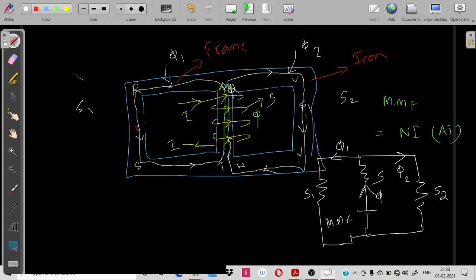Okay, this is the modeling or the representation of this entire magnetic circuit. Yes, this is another example for the modeling.